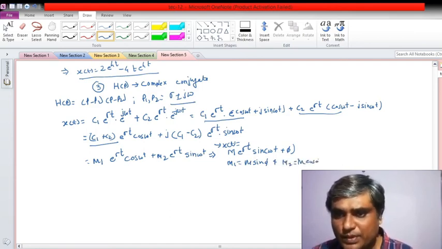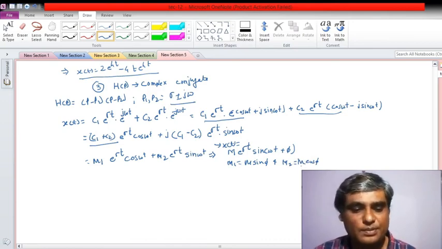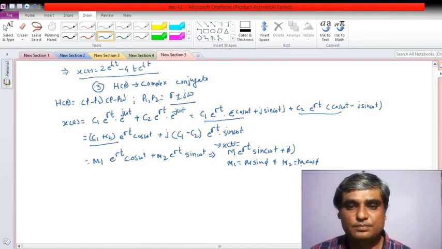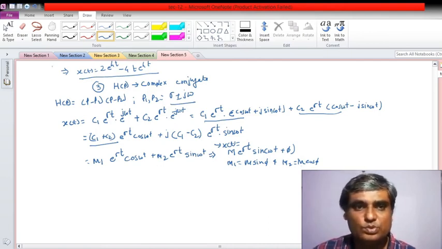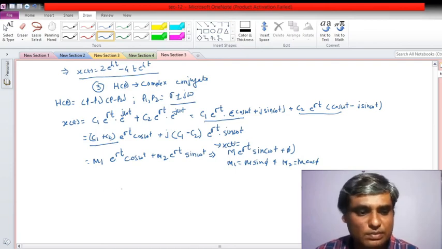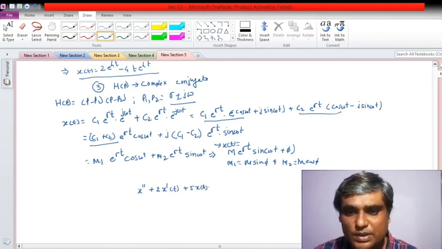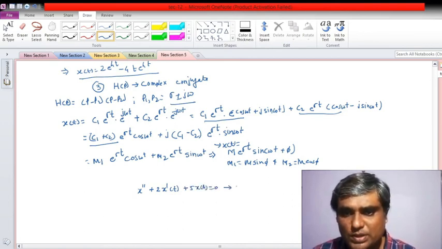Okay, let us take an example. Let me take the example x double dash plus 2 x dash of t plus 5 x of t equals 0. What is the characteristic equation for this?